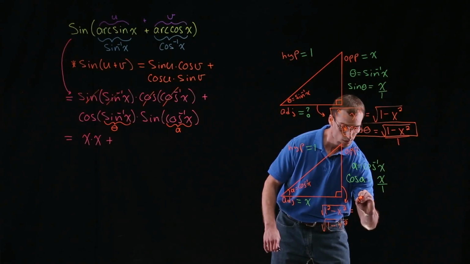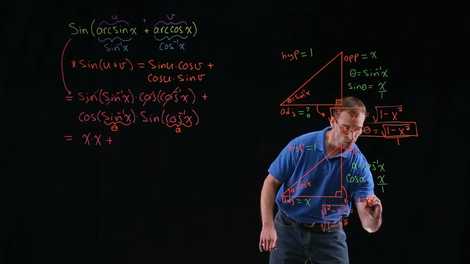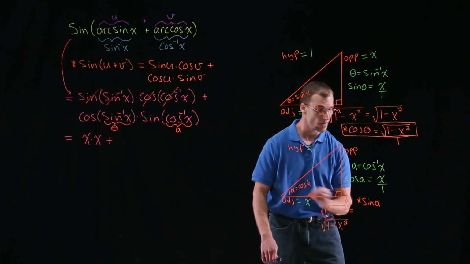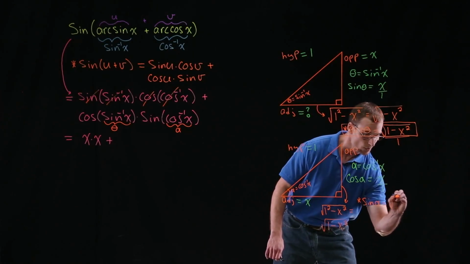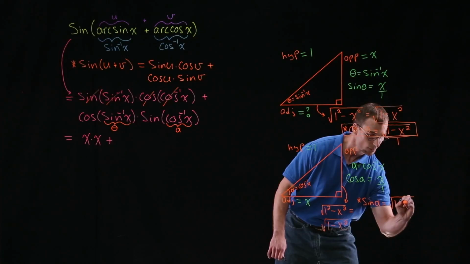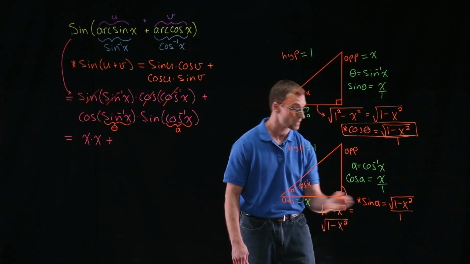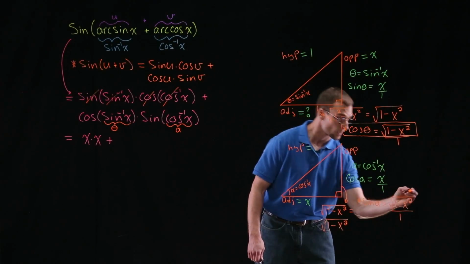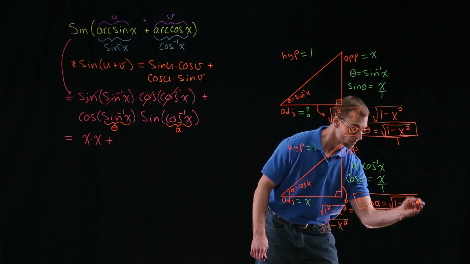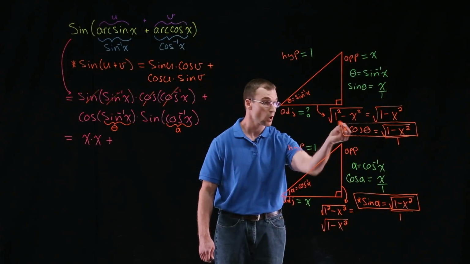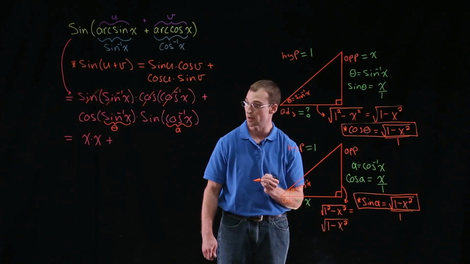So sine of alpha is opposite over hypotenuse, or the square root of 1 minus x squared over the hypotenuse 1. But same thing, square root of 1 minus x squared divided by 1 is just equal to the square root of 1 minus x squared.